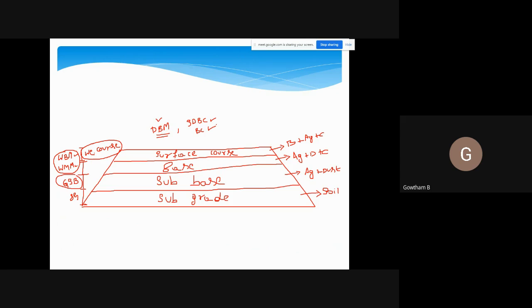We are going to cover this in module number 4. And we are also going to study one more important concept in this module, that is proportioning of the material using the Rothfutch method. We are going to study these things in this module, and this is one of the important modules in the highway engineering subject.